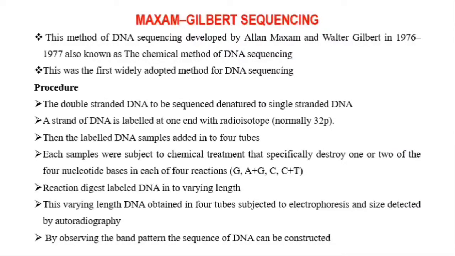Now we can see the steps involved in Maxam-Gilbert sequencing. First, we take the double stranded DNA to be sequenced and denature it into single stranded DNA.